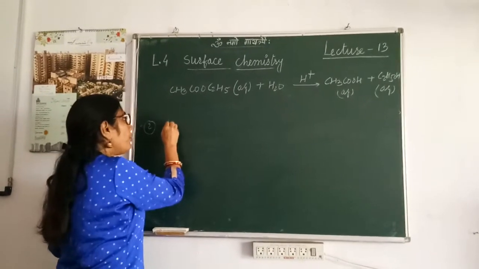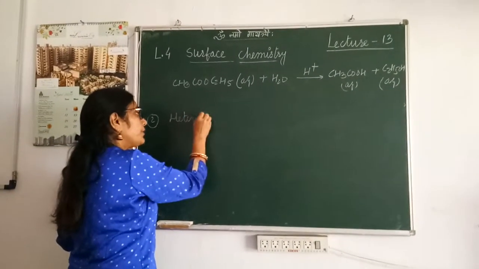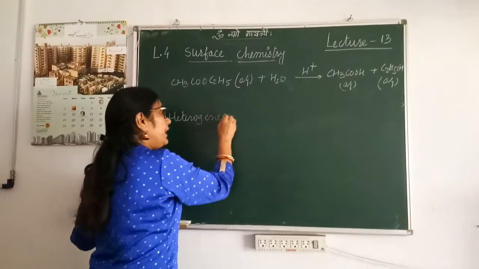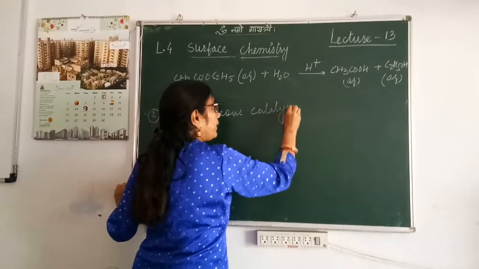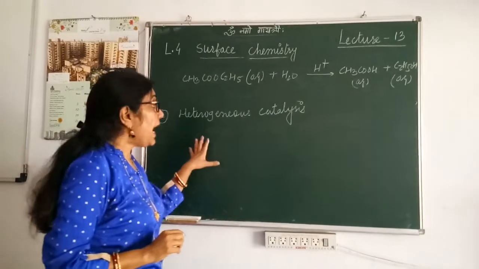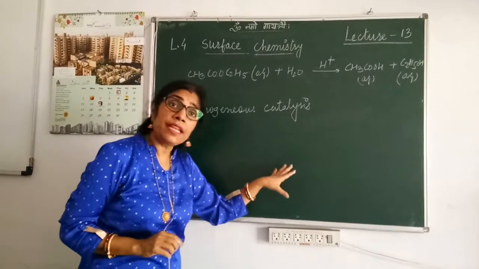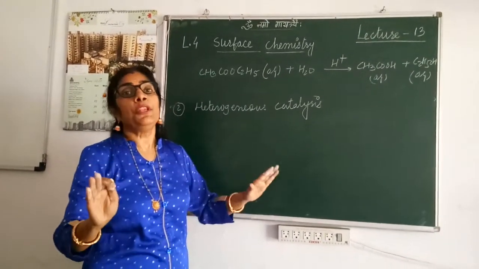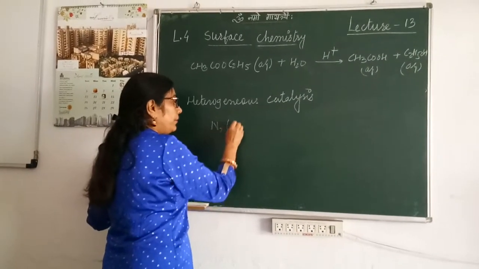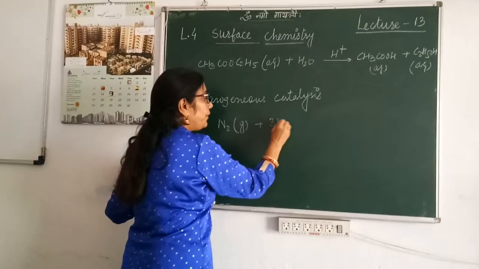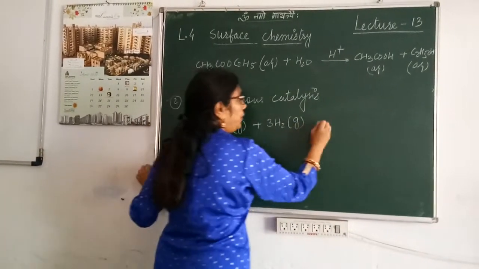When I talk about heterogeneous catalysis, then what happens? In this case, the reactants, products and the catalyst do not belong to the same phase. As for example, Haber's process for manufacturing ammonia.